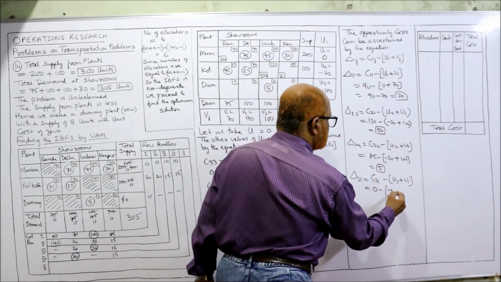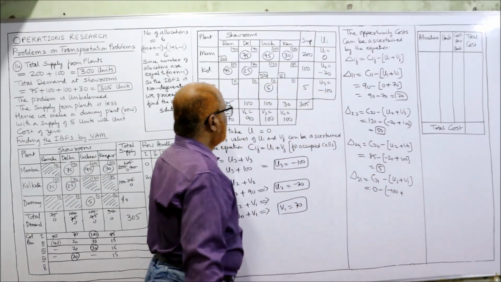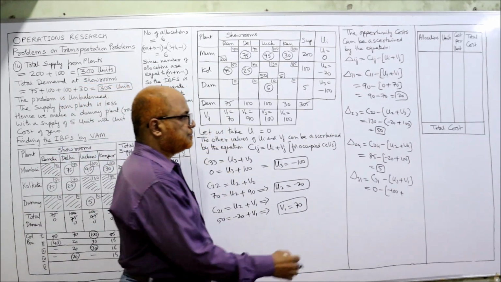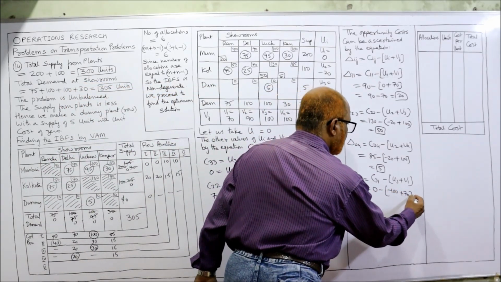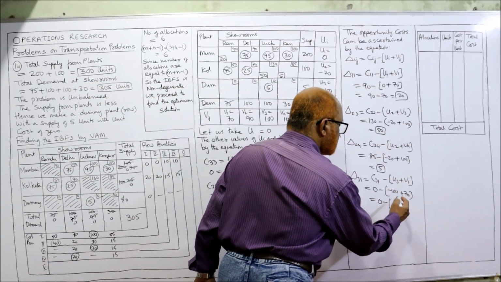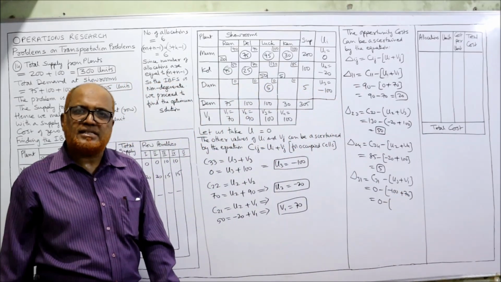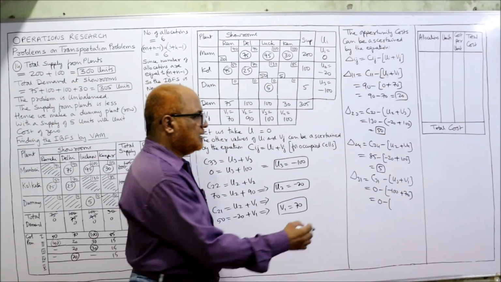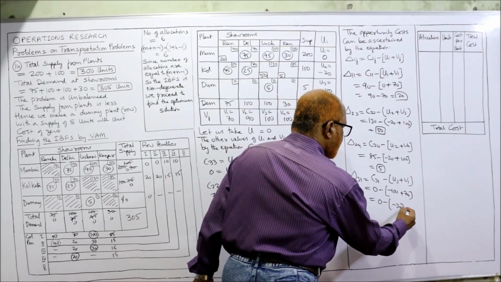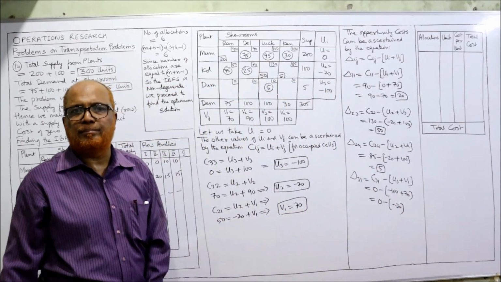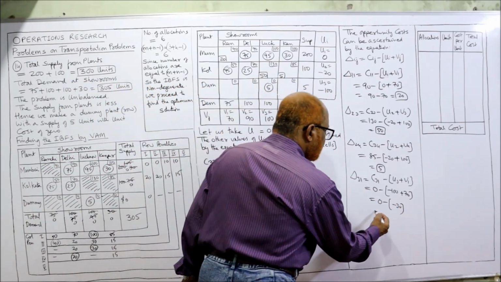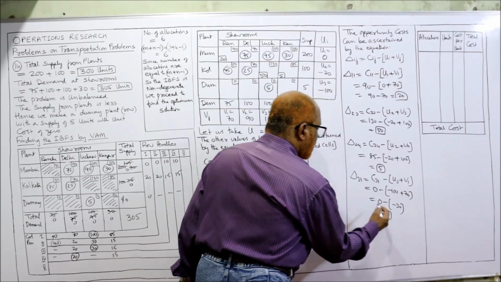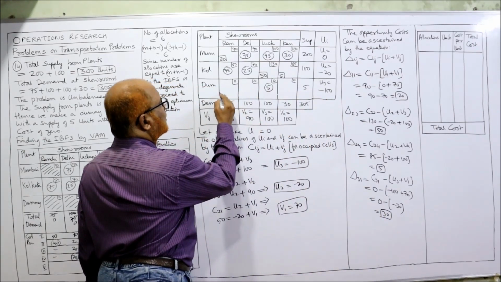U3 is minus 100 plus V1. V1 is 70. That is equal to 0 minus 100 plus 70, which will be minus 30. So minus into minus will become plus. So 0 plus 30 is 30. So we got opportunity cost 30 here.